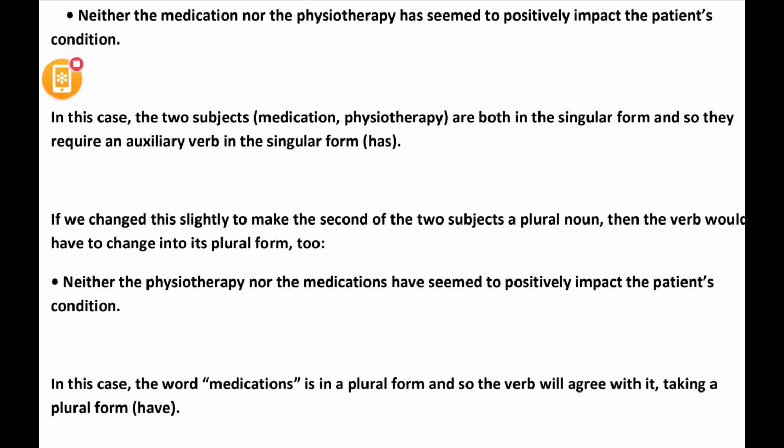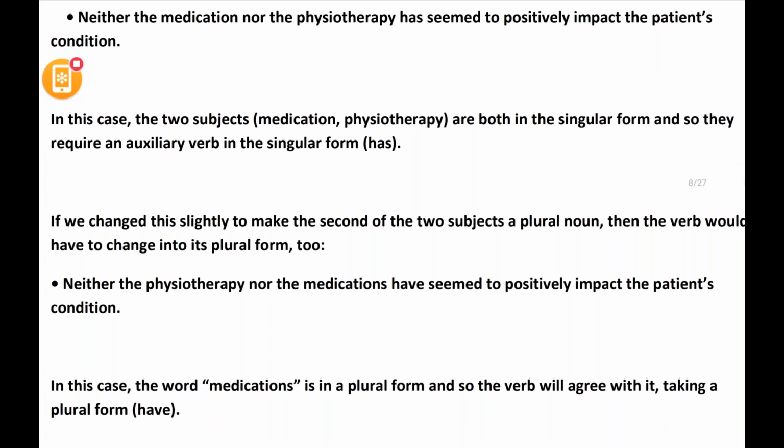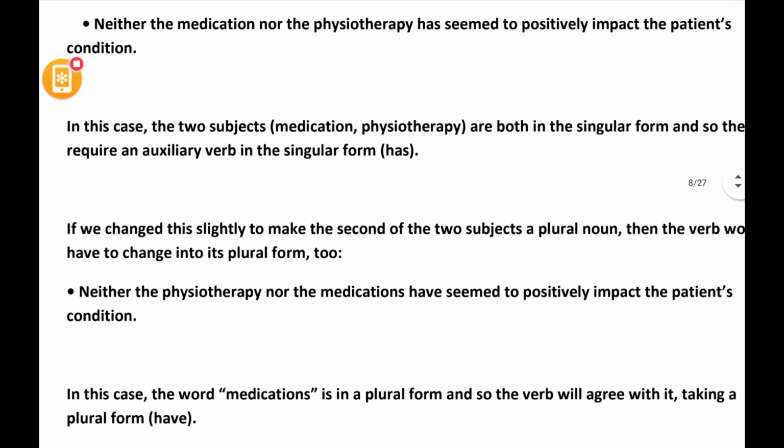Yes or no? Medication is singular, medications are plural. So that is why they have used the auxiliary verb have here. If my subject is plural, I will use the auxiliary verb related to that. If my subject is singular, both the subjects are singular or the closest one is singular or plural, I will use that.